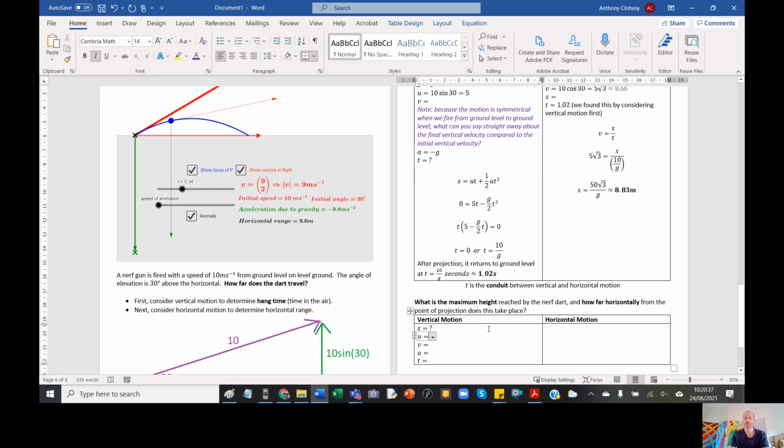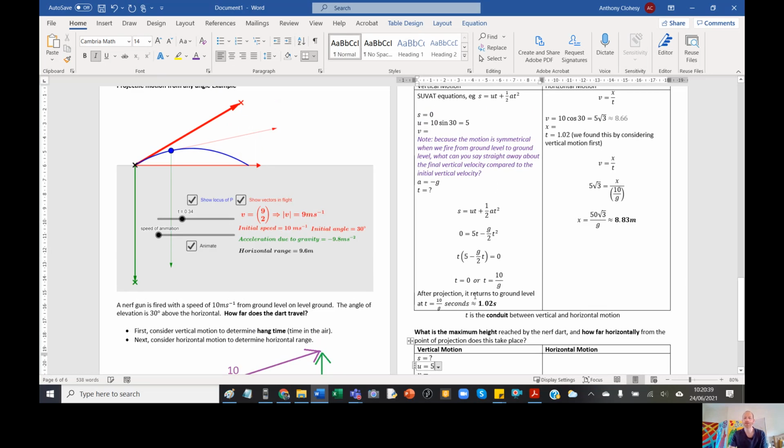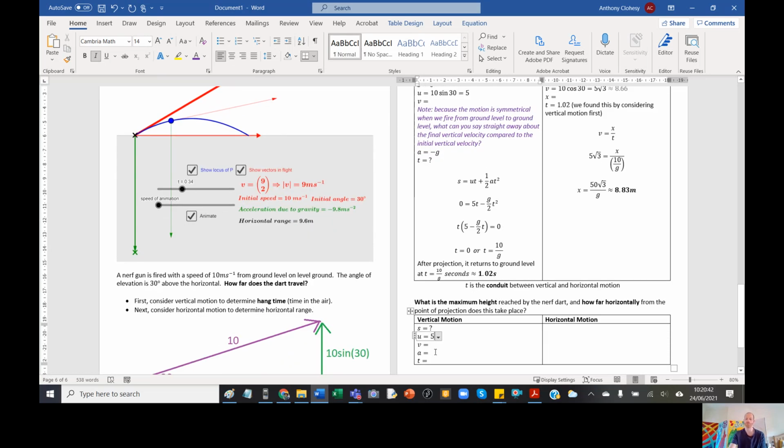We still can make use of what we worked out before. The initial speed is 5 vertically. We can, of course, always fill in the gravity, minus g, as the acceleration. But that's only two things. So unless you can figure out how long it takes or how fast the thing is going, we're not going to be able to work out the vertical displacement that we need.